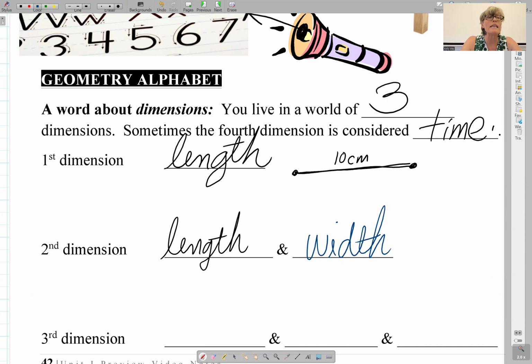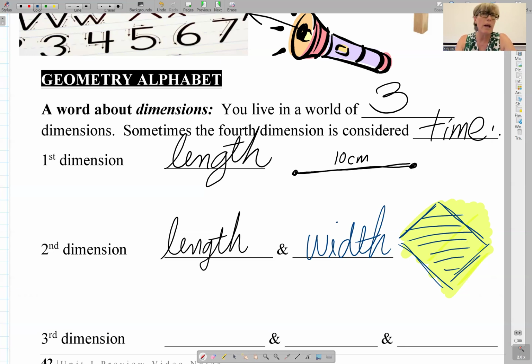The second dimension is length and width together. So that would be the concept of area. Any flat surface that has area, all right? So just kind of shade an area there. Think of the area of a soccer field, the area of a football field, anything you can shade. Anything that's going to be squared units.